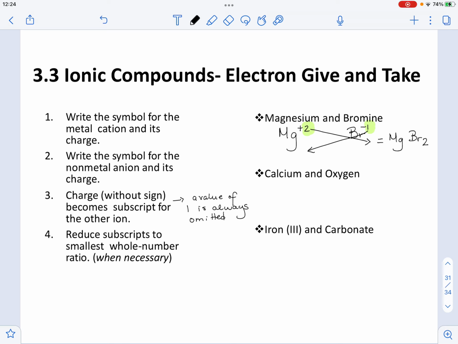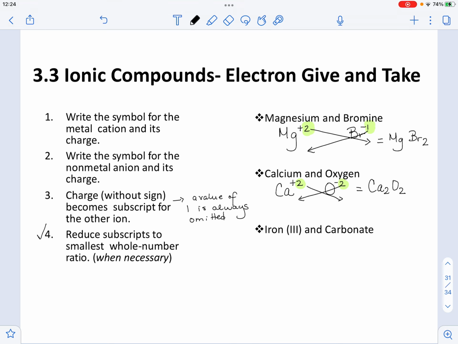Let's go to the second example, calcium and oxygen. Calcium lives in group 2A, so it's going to be a charge of +2. Oxygen is going to have a charge of -2 because it lives in group 6A. So when we go through the same process, the charge becomes the subscript of the next one, we may write Ca2O2.